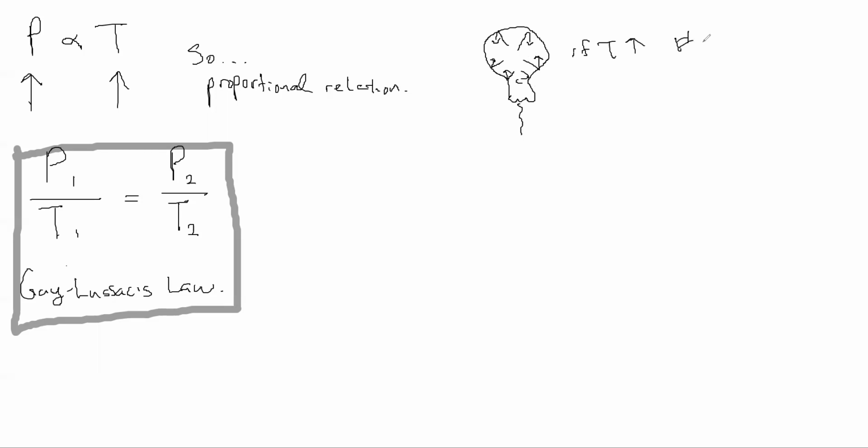What can you tell me about the number of collisions? Well, if the temperature went up, that means there would be more collisions. And if more collisions are there, what do you think would happen to the volume of this balloon? Well, can you imagine? If there's even more collision, the balloon is not a strong substance, right?